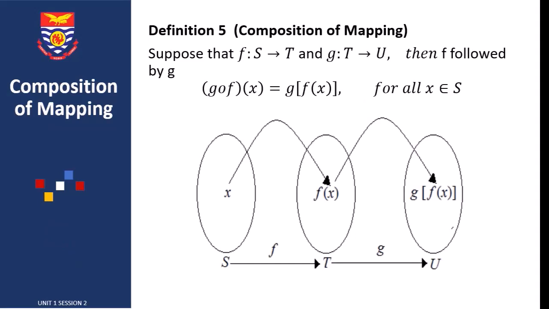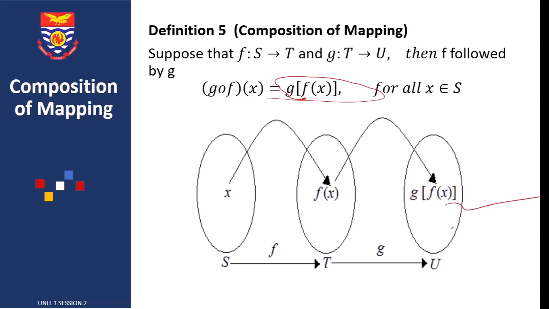Suppose that f is a function, taking the mapping of X to T, and g takes T to U. Then f followed by g is written as g of f of x. g of f of x is given as g put inside the function f, for all x in X. So once you put the function f into g, you get the composite function g of f of x, and that's what we call a composite function.